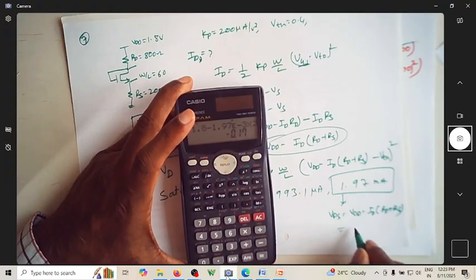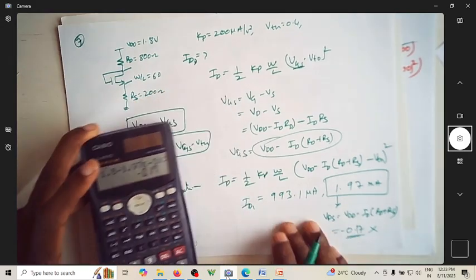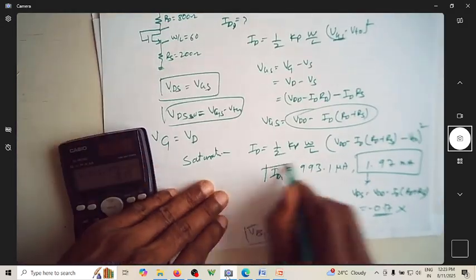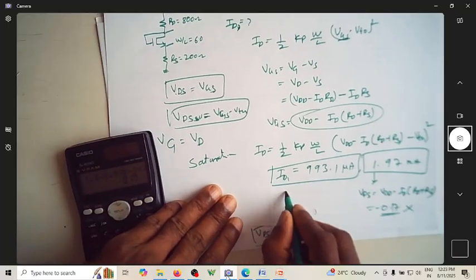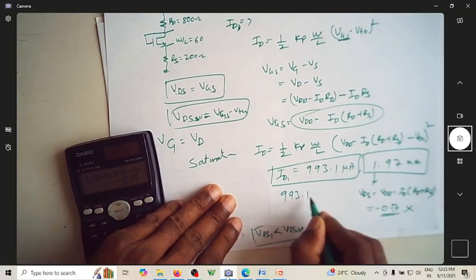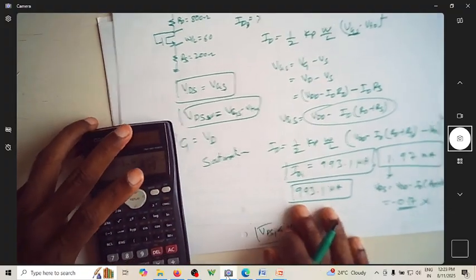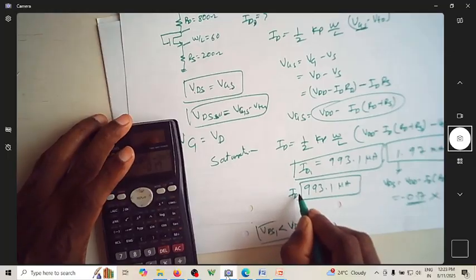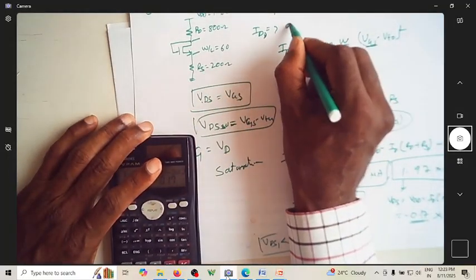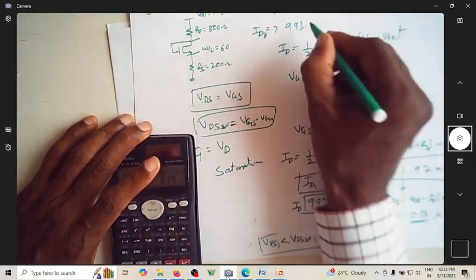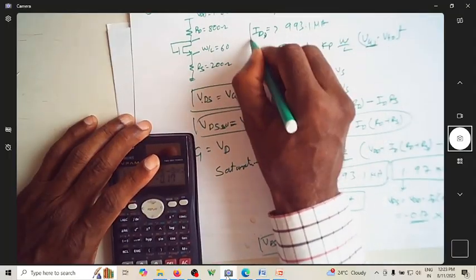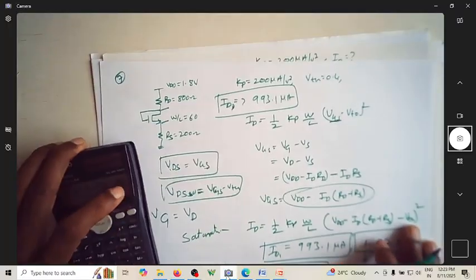Can you see this is coming to be minus 0.17 volt, which is not possible. So the current flowing through this circuit is 993.1 microampere. This is the current ID. So ID is equal to 993.1 microampere. This is the drain current.